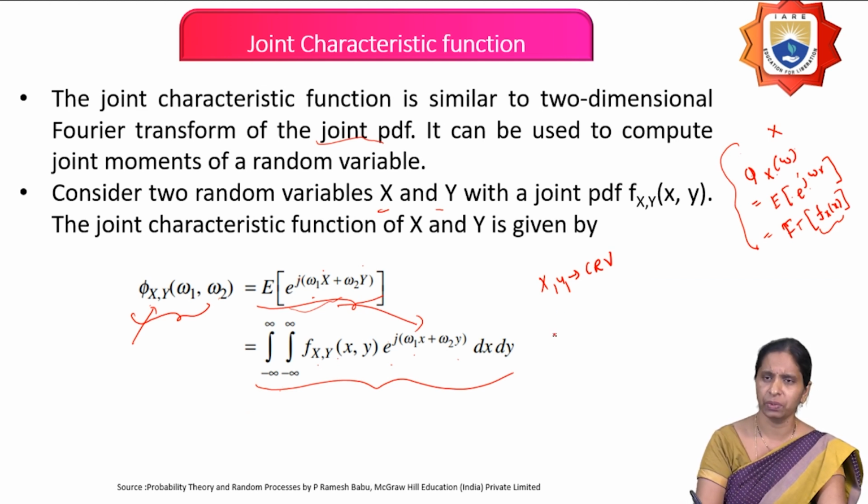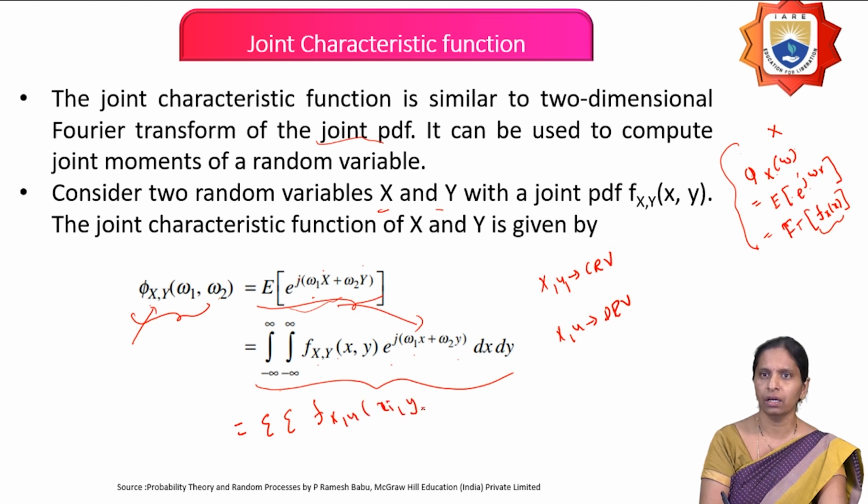Now, if x and y are discrete random variables, then how can we write the joint characteristic function? For discrete random variables, instead of integration, we use a sigma, nothing but summation. So, sigma f xy of xi comma yj.